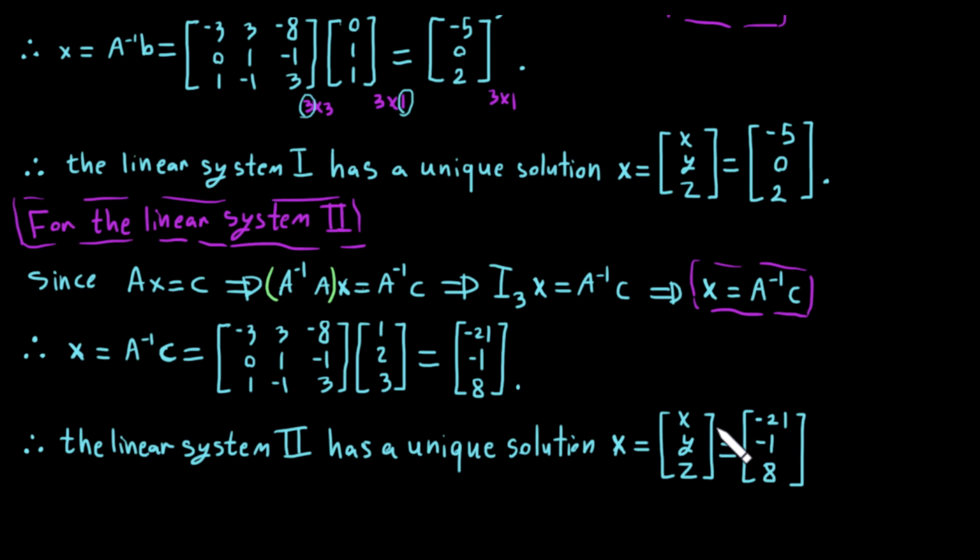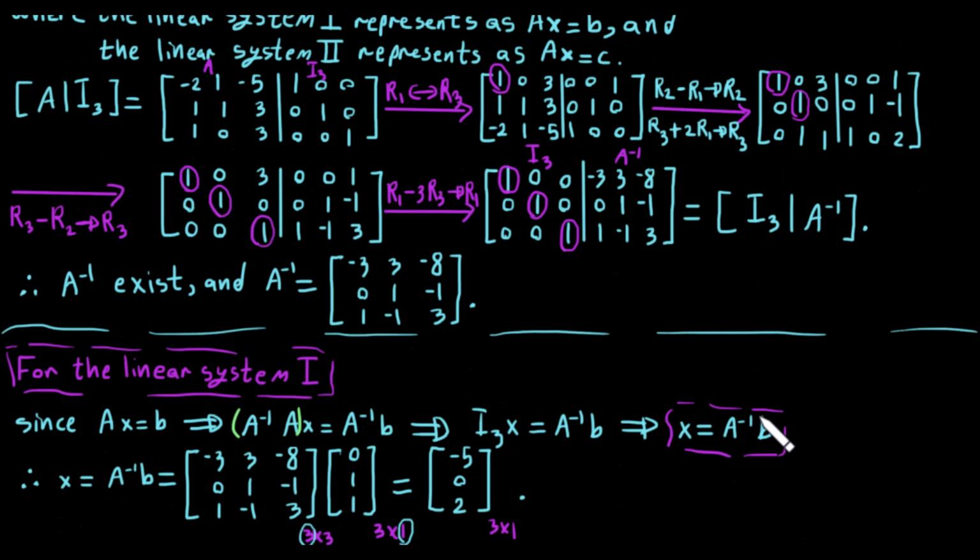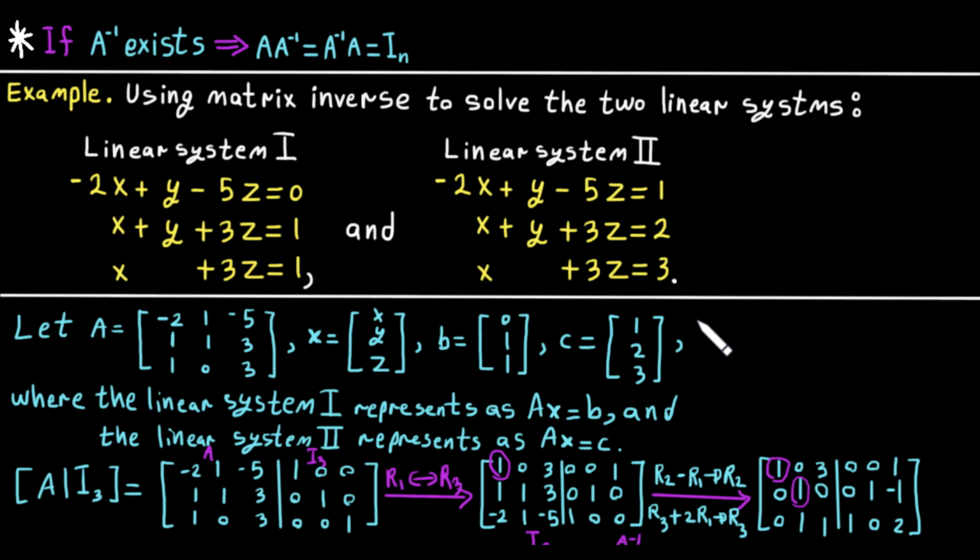So if we substitute X equals negative 21, Y equals negative 1, Z equals 8, we will get 1 in the first equation, and if we substitute these numbers in the next equation we get 2, and in the last we get 3.